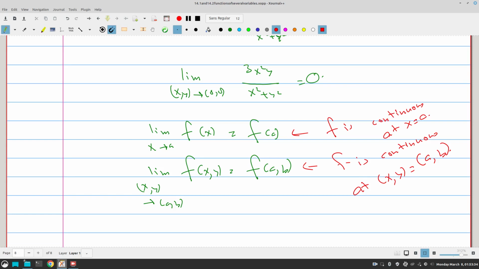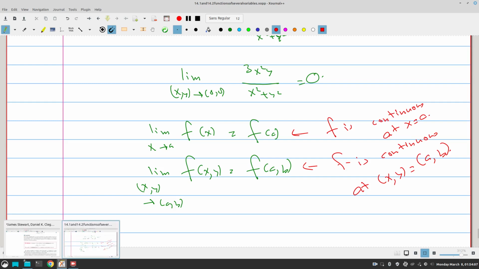For example, we've looked at the polynomial functions that are continuous, and one example of a continuous function is this.